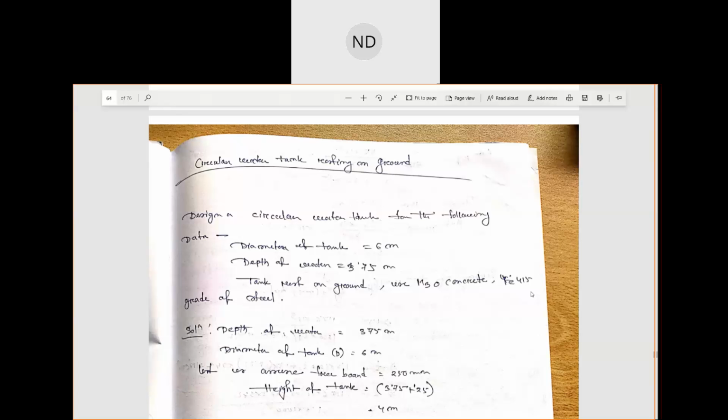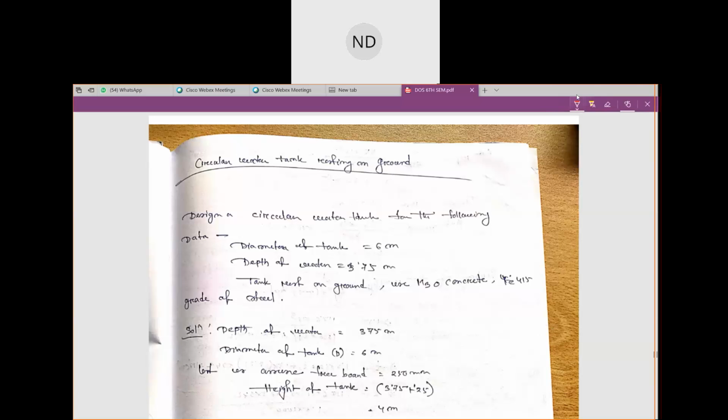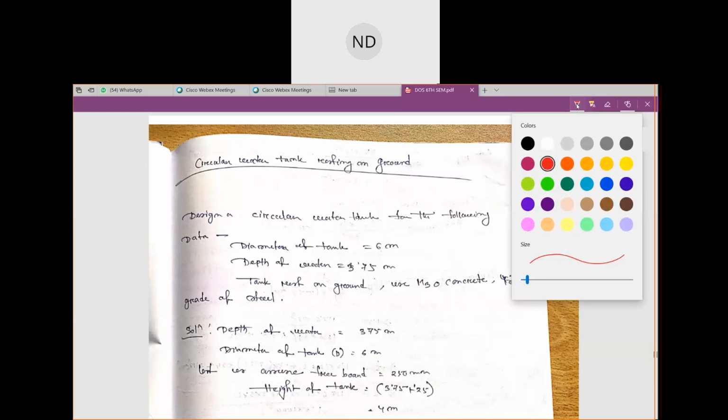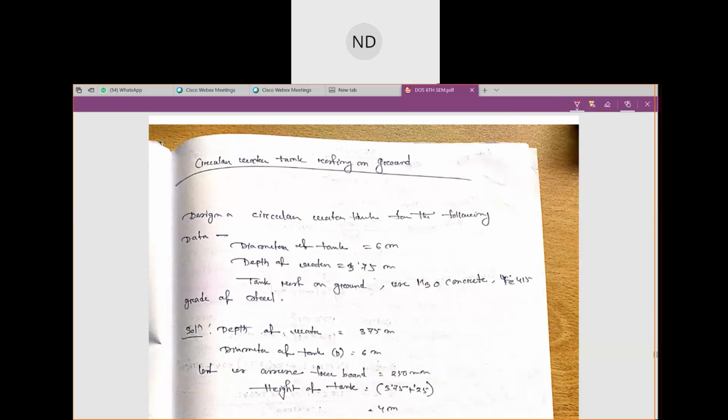Then the diameter of the tank is given to us, 6 meter.